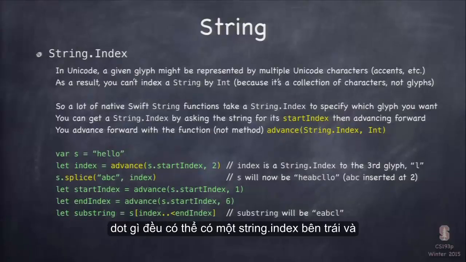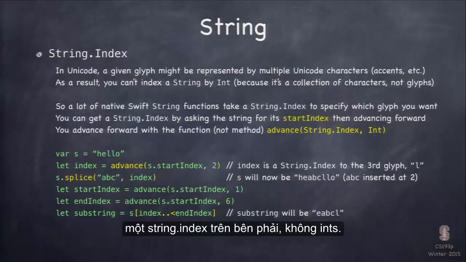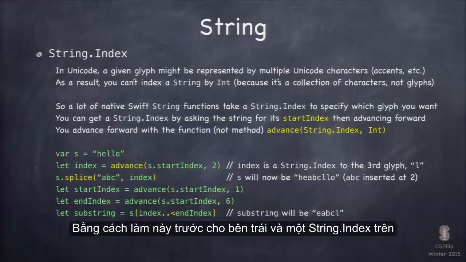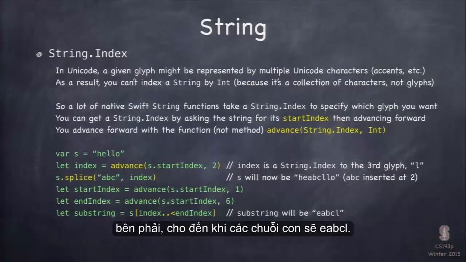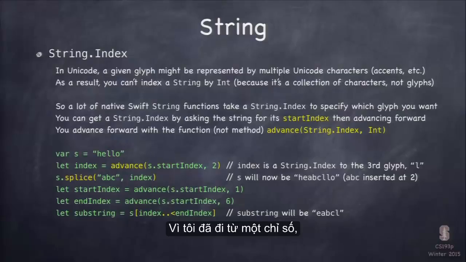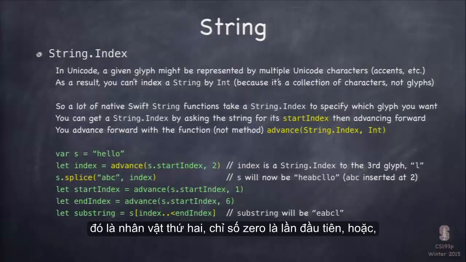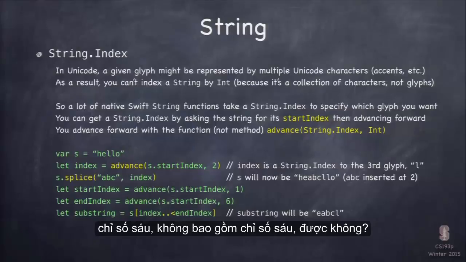And the range has to have a string.index on the left and a string.index on the right, not ints. So here I got a string.index by doing this advance for the left and a string.index on the right. And so the substring will be EABCL, because I went from index 1, which is the second character, index 0 is the first, to index 6, not including index 6.